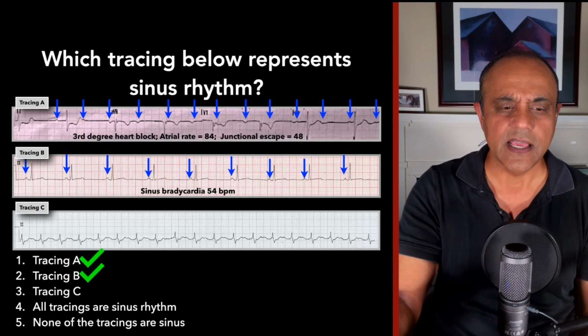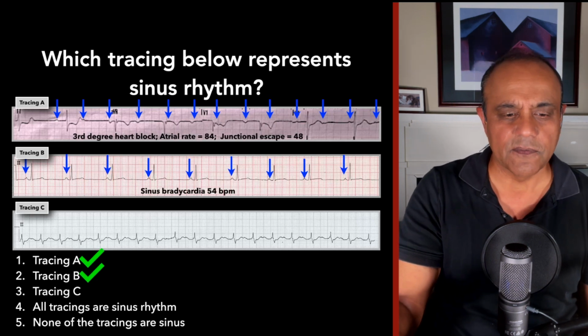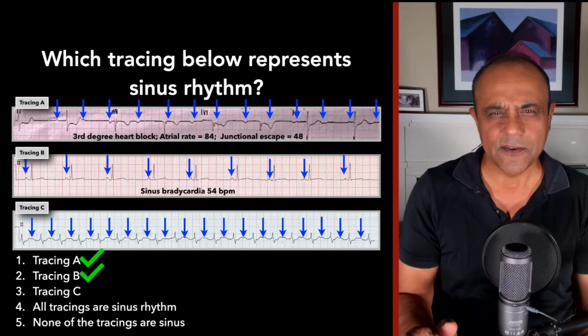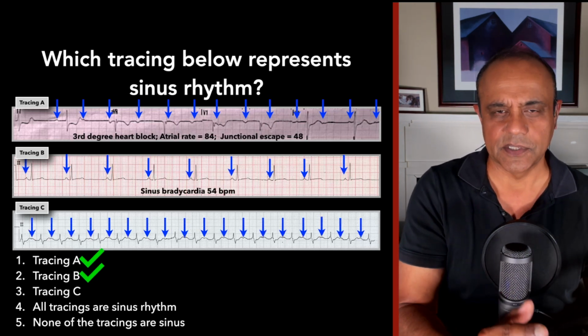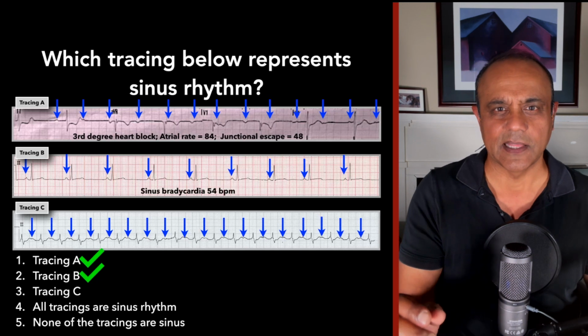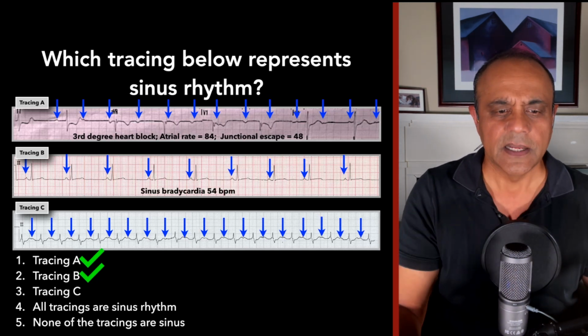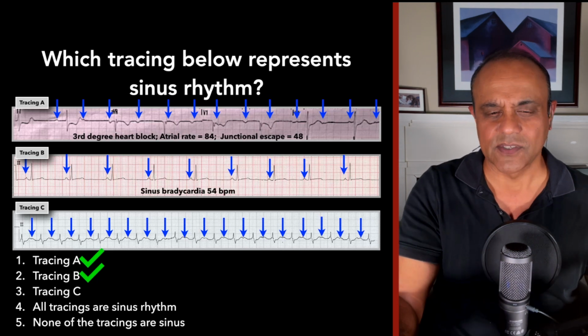And tracing C, well, this is a little bit more confusing because there are P waves that are pretty close to the T wave peak. And so it looks like the T wave itself is a little bit biphasic or a little notched. So because of that, it's confusing.